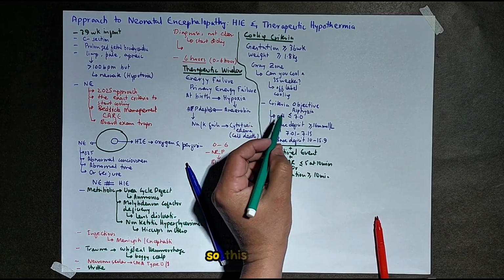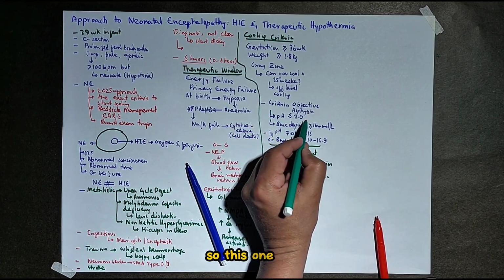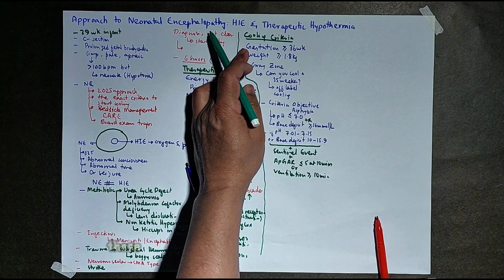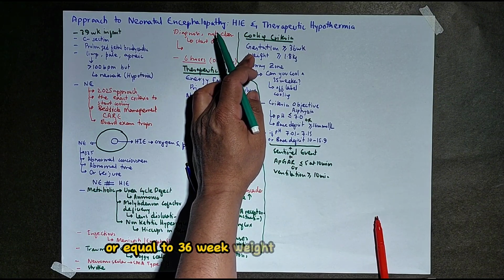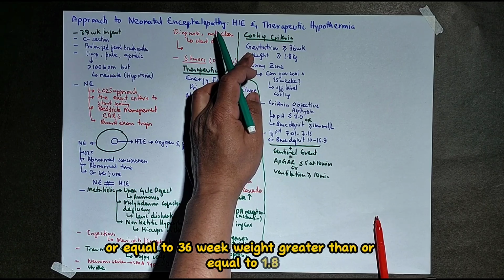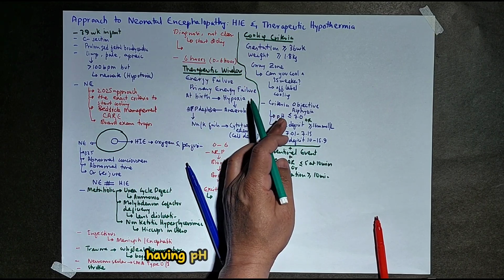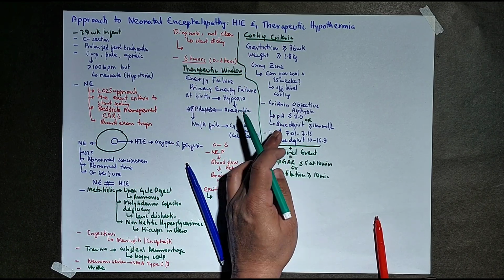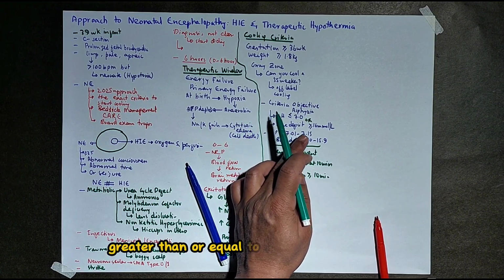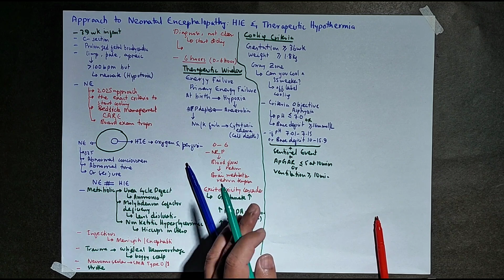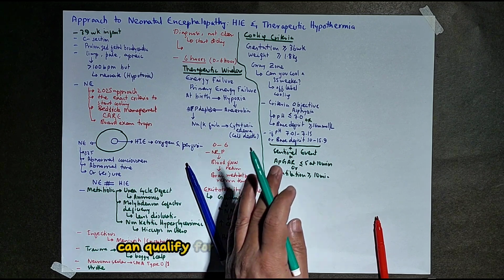So this is the cooling criteria: children having gestational age greater than or equal to 36 weeks, weight greater than or equal to 1.8, having pH less than or equal to 7, base deficit greater than or equal to 16 millimole per liter, can qualify for cooling.